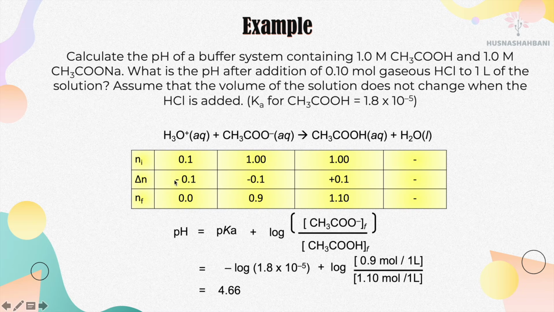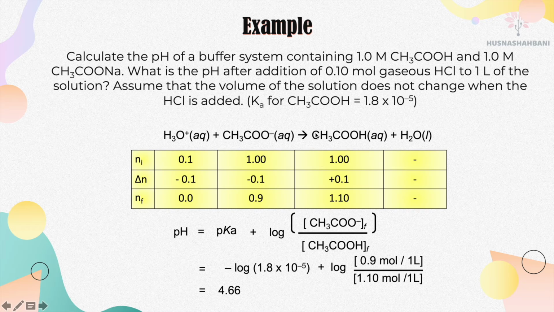So that's why negative 0.1, because it will decrease. You only have this amount, so only 0.1 mole means you use up all the H3O plus here, negative 0.1, and here 1 mole. So if you have 0.1, here 0.1 mole also will be used up. Not all 1 mole, only 0.1 mole will be used up.